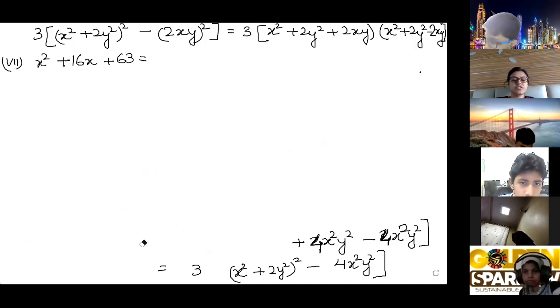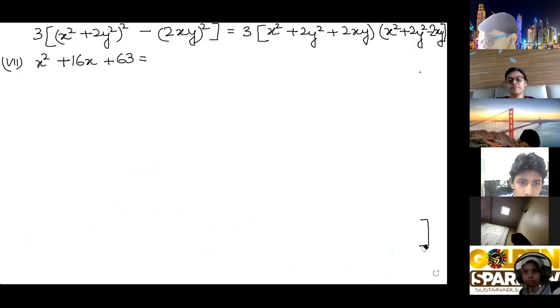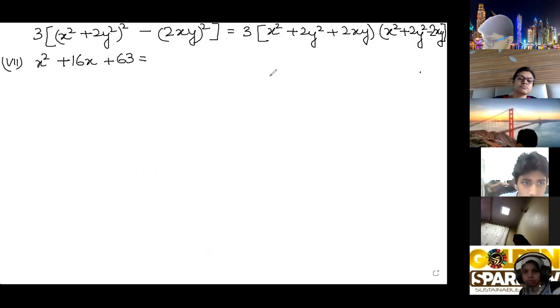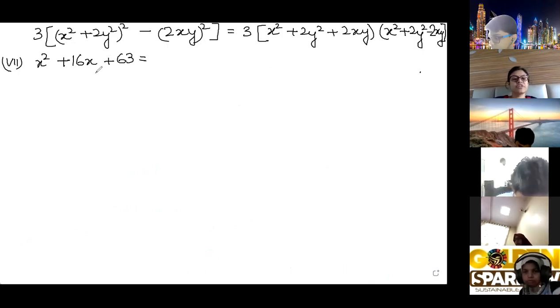63, and 16 should come. All are plus, so there is not much tension. Break it to make 16: plus 9 plus 7.